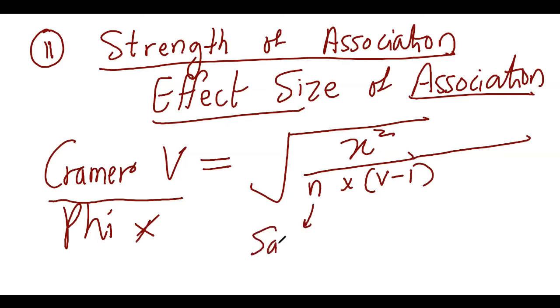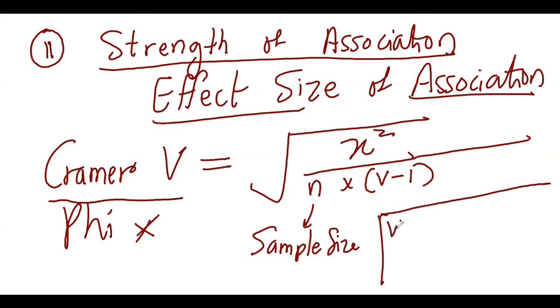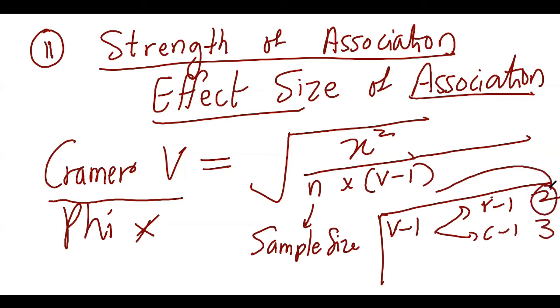V minus 1 is either the row minus 1 or the column minus 1, whichever is lower. Suppose your row minus 1 is 2 and column minus 1 is 3. Then you will put 2 in place of V minus 1. So this is the value of Kramer V.